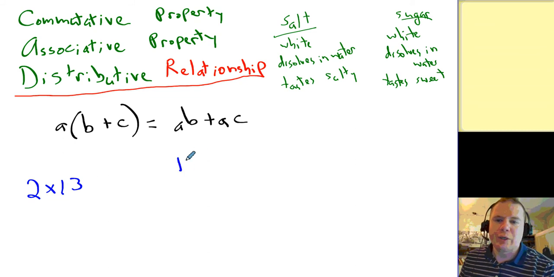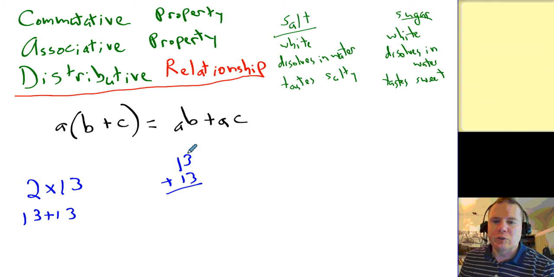Well, one way is to add up 13 plus 13. Right? 2 times 13 means you add up 13 2 times. So 3 plus 3 is 6, 10 plus 10 is 20. 6 and 20 we call 26. Well, we really just used the distributive property without making it explicit.